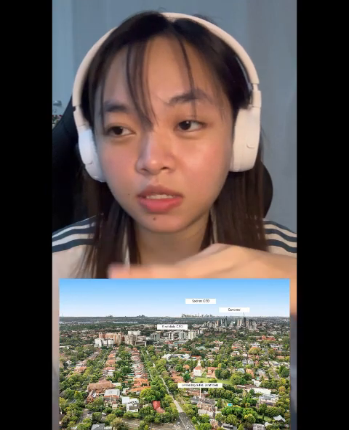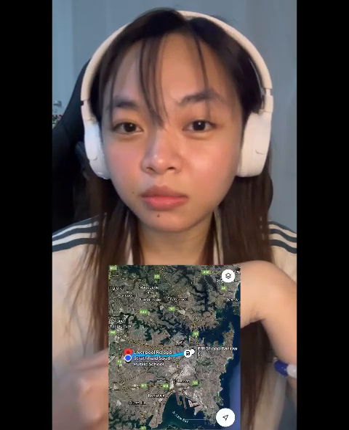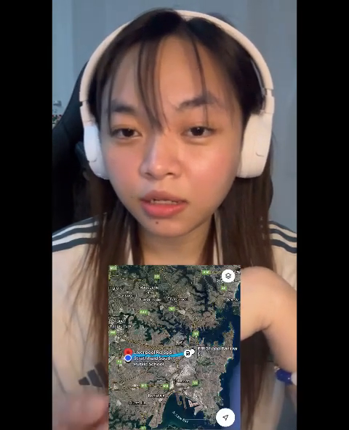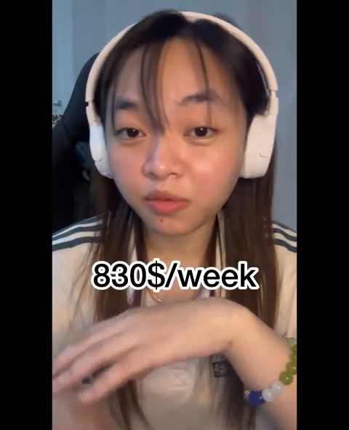So in my case, I'm living in Strathfield, which is just another suburb in Sydney, and it takes around 20 to 30 minutes by train to the city. I'm living with two other housemates, and we share the price of $830 per week.